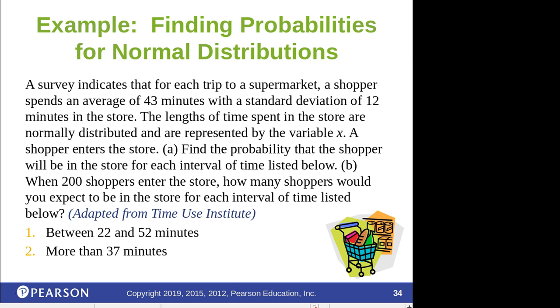Because if we could transfer everything over to a standard normal, we would get the ability to read out probabilities, indicative of a larger population. If I were to randomly grab from that larger population, I would have probabilities of grabbing particular values. So that's why we do this mapping.